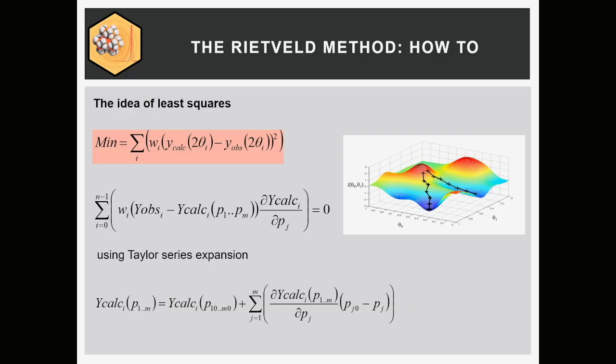With the Taylor series expansion, which is shown here, you usually stop after the first or the second term. That means if you have a parameter p1, you only look a little bit around this parameter. Just imagine the Earth. You're on one of the mountains in the Himalaya, and you see maybe 50 meters in all directions, and you hope somewhere it goes down.